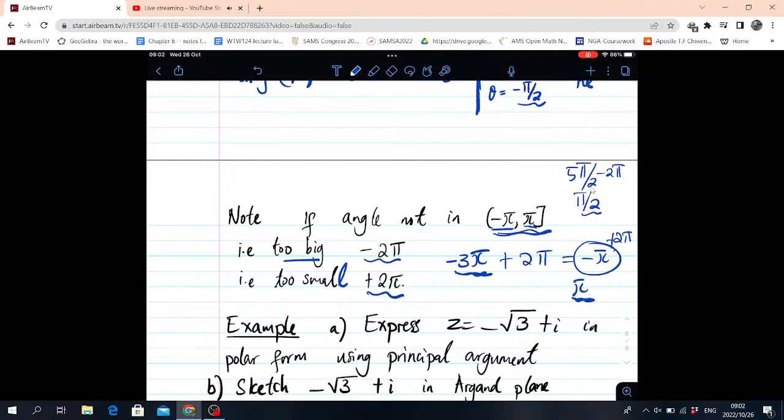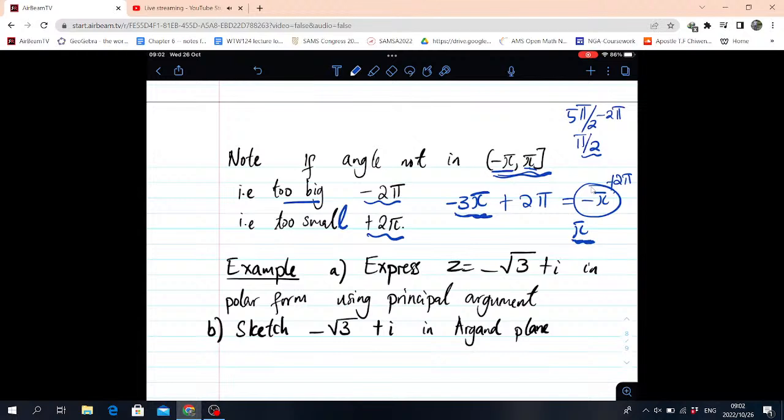Let's look at an example to see this in practice. So the example says express this complex number, minus the square root of 3 plus i, in polar form using the principal argument.